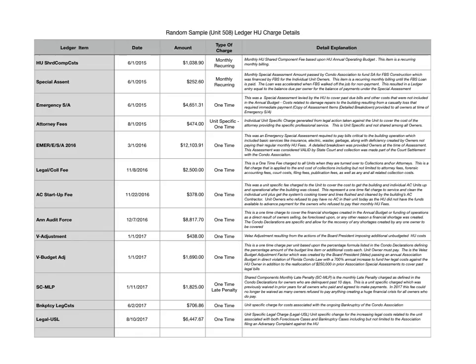The next item we see is emergency SA. Again, this was 6/1 date. It shows $4,651.31. Again, this is a one-time assessment, and this was a special assessment levied by the hotel owner to cover past due bills and other costs that were not included in the annual budget.